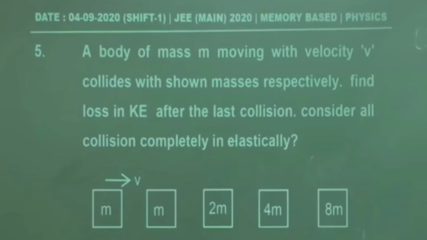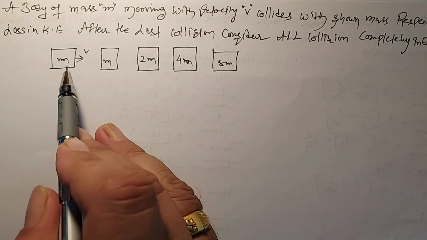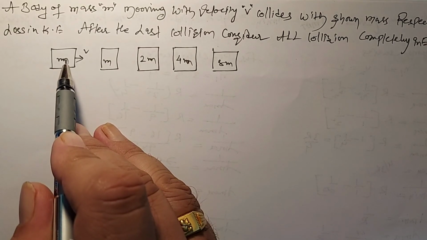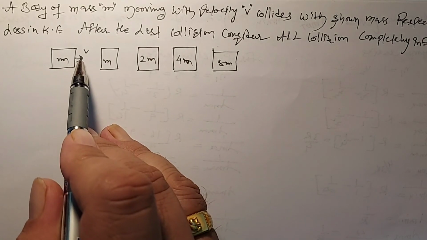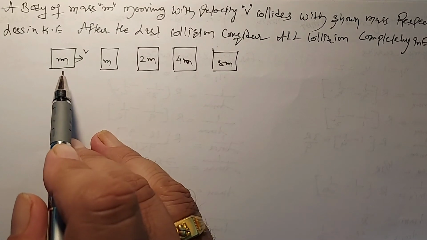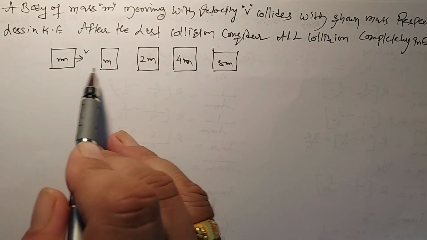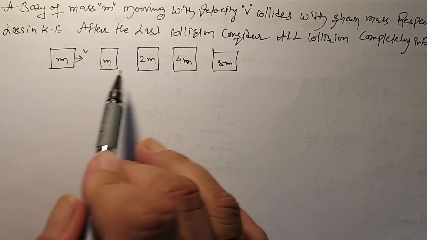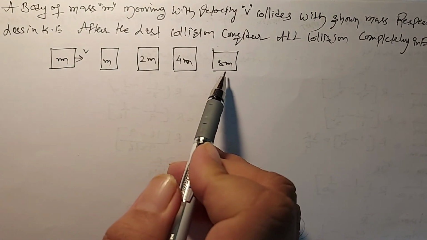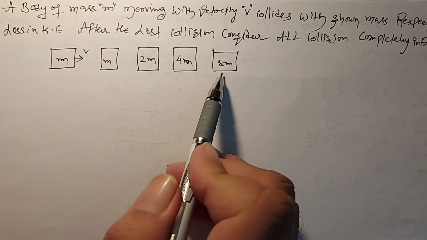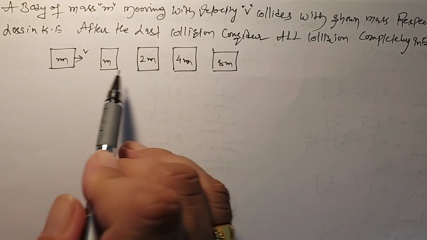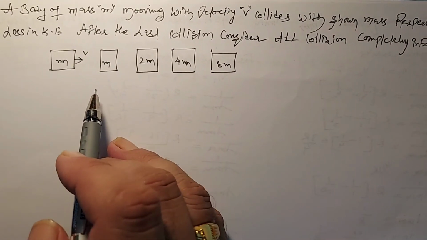Consider all collisions to be completely inelastic. This body of mass m, moving with velocity v, collides with all the remaining masses inelastically.